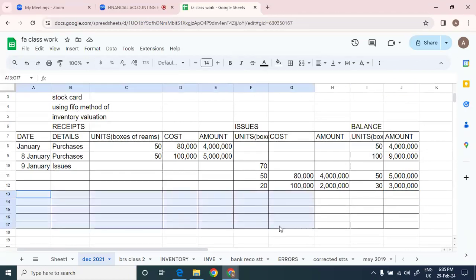So let's go to weighted average cost. Before that, we need to balance. When do we balance? On 31st of January. They have not given us a year. So I will say 31st of January.